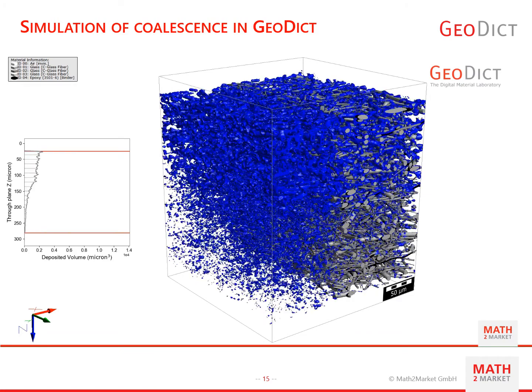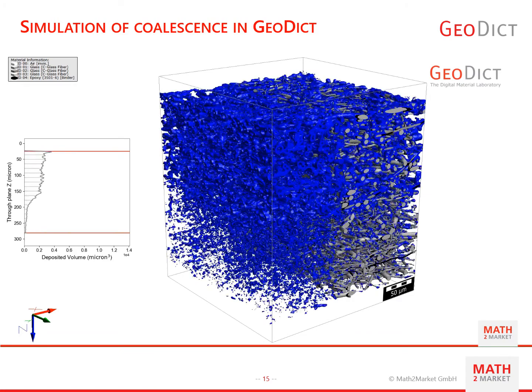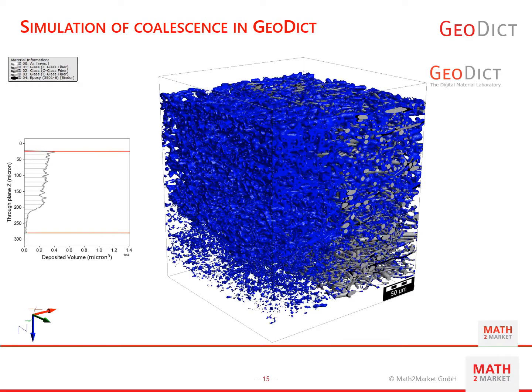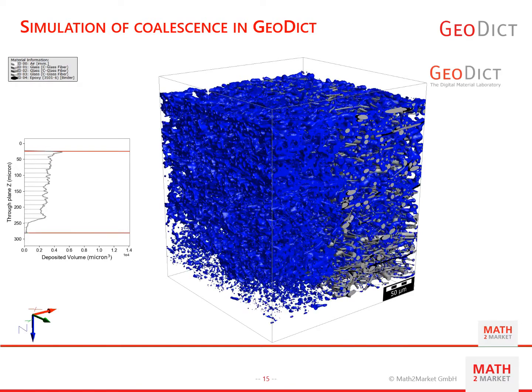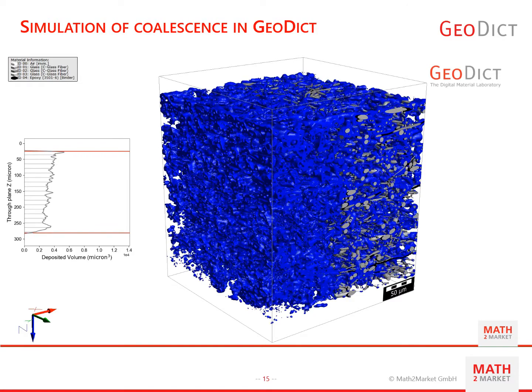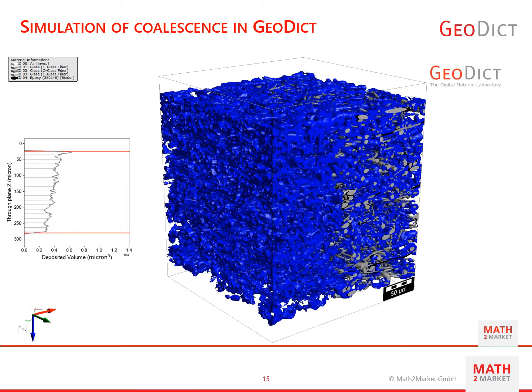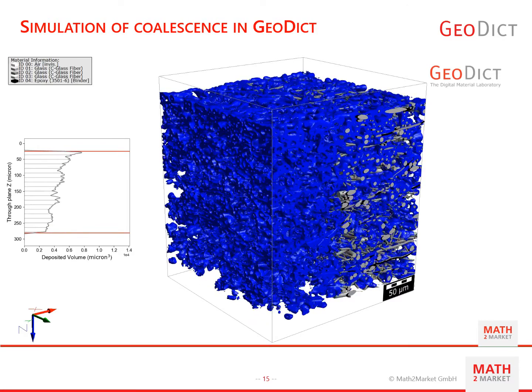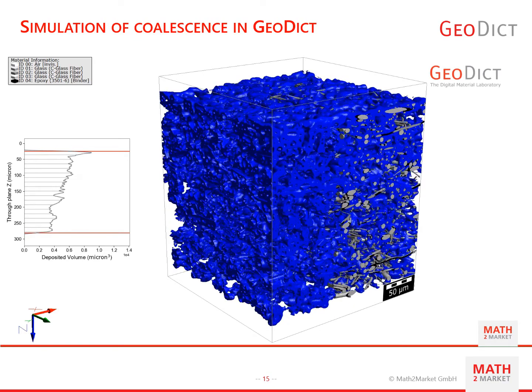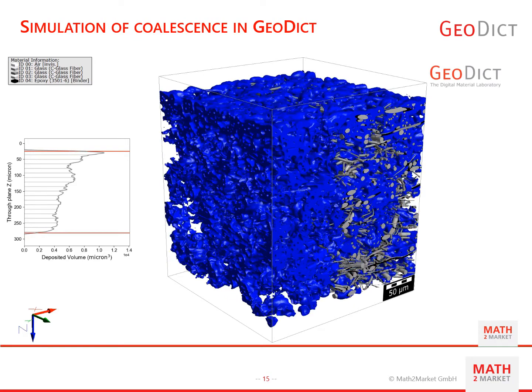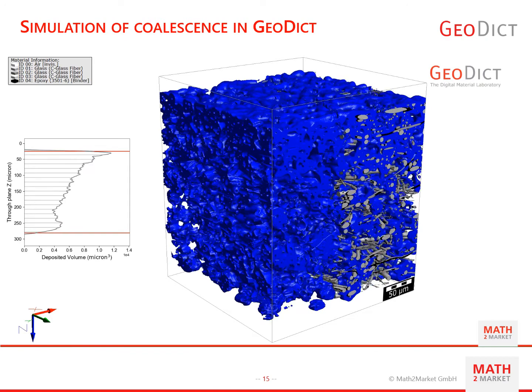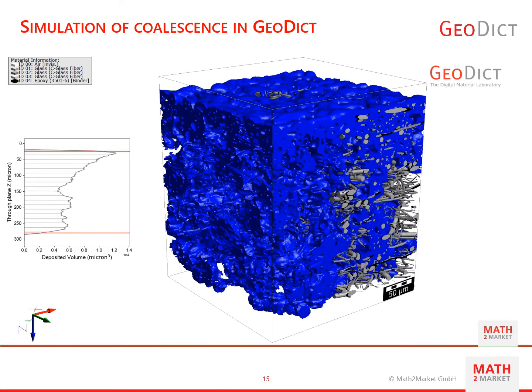And we can see when new aerosols are injected into the domain from the top, and when more and more aerosols are filtered, the coalescence will occur. And when the size and shape of newly generated aerosols exceeds a threshold value, then this droplet can be detached and discharged from the outlet.